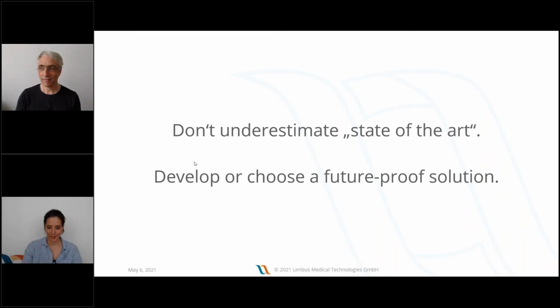Thank you, Ben, for your presentation. I would just want to ask you the first question that has just arrived regarding the state of the art. So what does this term, the generally acknowledged state of the art in the field of medicine, mean in particular? Well, I can make a statement about this from the point of view of software. State of the art is typically referred to as what is recognized in standards.